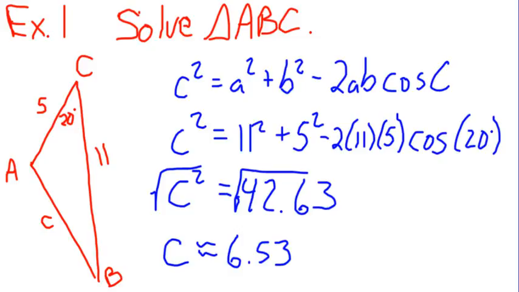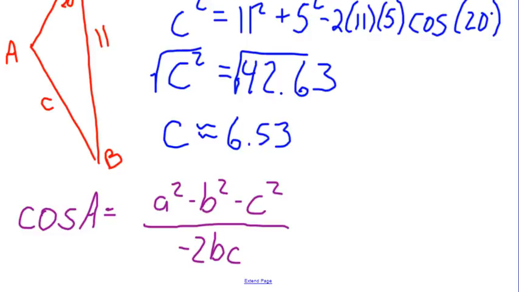We could use either the law of cosines or the law of sines to find these missing angles. For this problem, we're going to use the law of cosines to find those angle values, because if you use the law of sines, there's actually a little trick you have to use involving supplementary angles to find the exact angle.